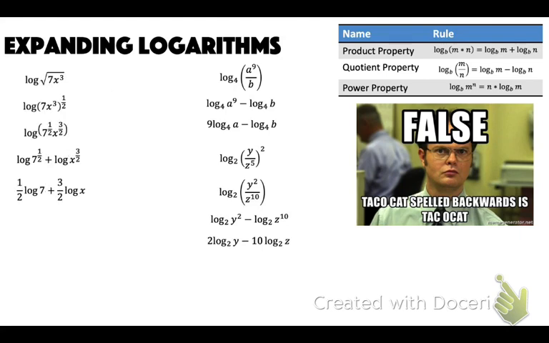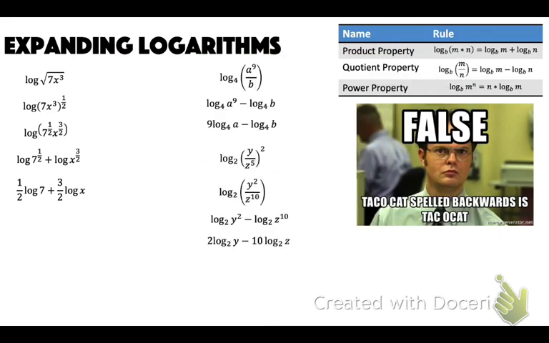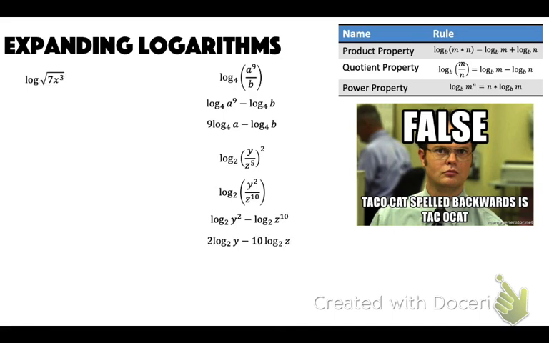Let's see. All right, yeah, let's go through these two, I guess. So if we have the square root of 7x cubed, we can write a square root as a power of 1/2. And then I could move this in if I wanted to.